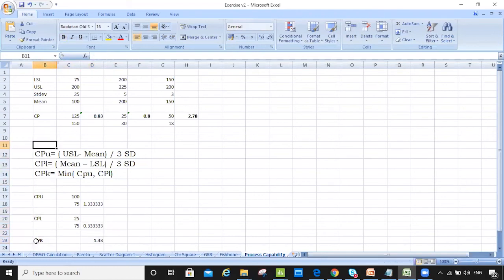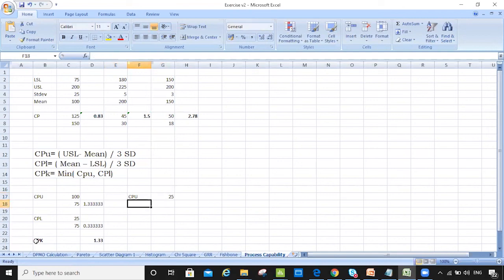Let's take another example here. The mean here is 180. To calculate CPK, first of all, we have to calculate CPU. So CPU is USL minus mean. USL here is 225 and my mean is 200.